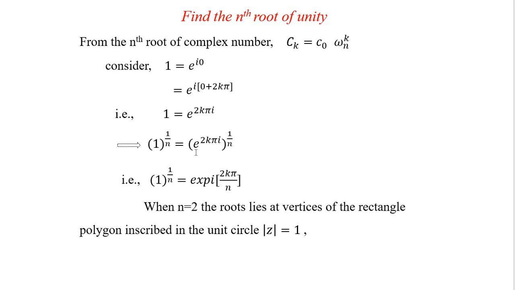This implies that 1 to the power 1 by n equal to exponential of i into 2k pi by n. When n equal to 2, the roots lie at the vertices of the polygon inscribed in the unit circle mod z equal to 1.